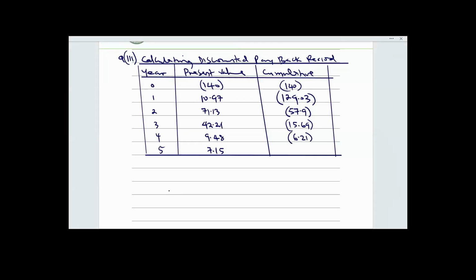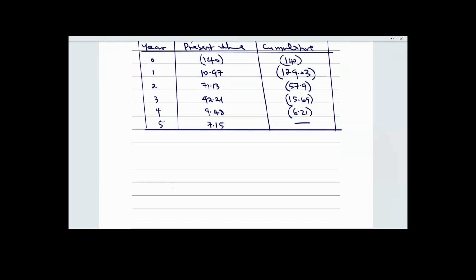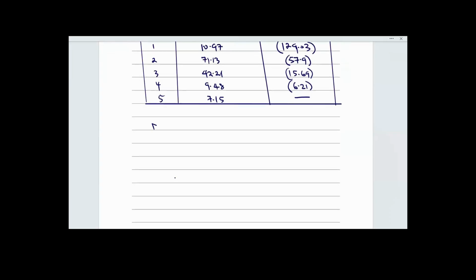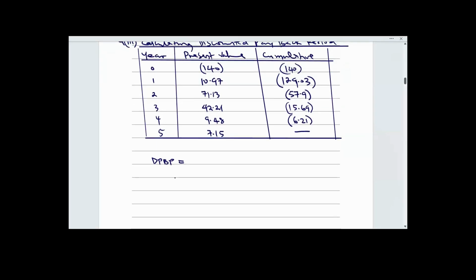So because 6.21 is less than the next cash inflow of 7.15, we are going to put a dash and then calculate the payback period. I will then say discounted payback period equals, how many years have we recovered? We have recovered for 4 years. So here will be 4 plus the outstanding balance of 6.21 over the next cash inflow of 7.15.